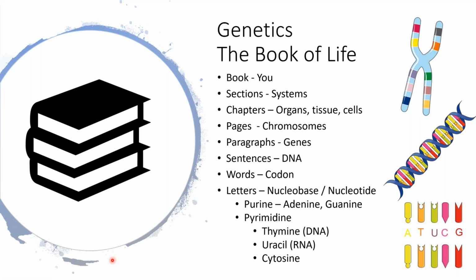As we look at the chapters, we look at organs and tissues and cells. But as we start getting into the specific pages, that's analogous to the chromosomes. The paragraphs could be seen as the genes. And as we drill down further and further, the actual letters of the words on paper in our book are the nucleotides.